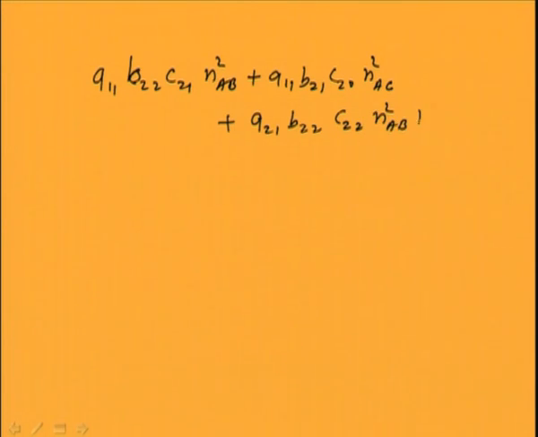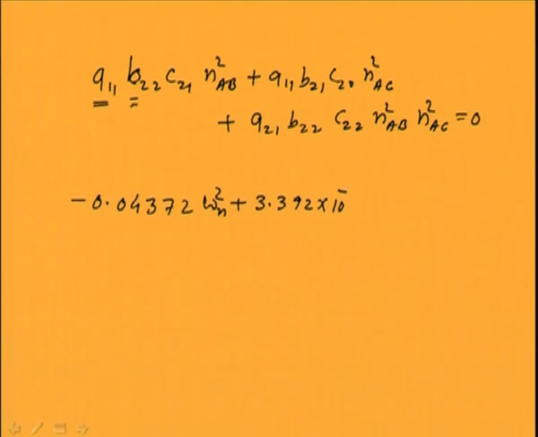You can see that this equation is nothing but a polynomial in terms of omega, because all these terms contain omega, as they are the elements of the matrices. If we substitute various values from the previous matrices, we will get a polynomial of this form, minus 1.2 10^-19 omega_n^6, equal to 0.